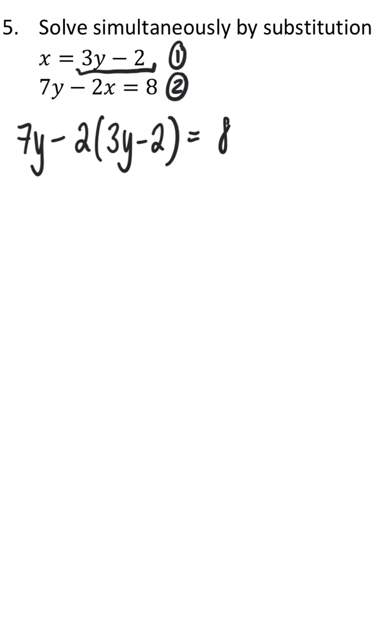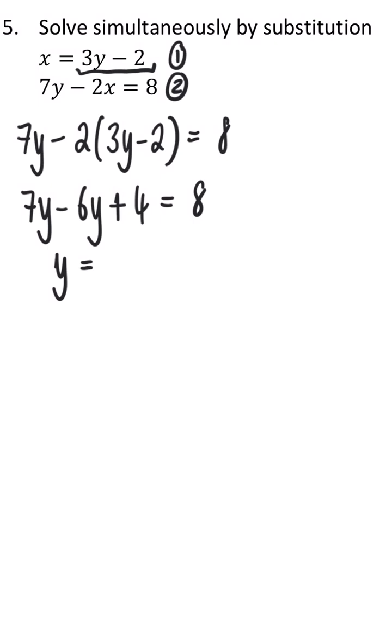So I've just substituted equation 1 into equation 2, and we've now got one equation with just one unknown. I can expand out this bracket. 7y minus 6y minus 2 times minus 2 is positive 4, it's equal to 8. Collect your y's on the left, numbers on the right. 7y minus 6y is y, and then subtract 4 from both sides, y equals 4.